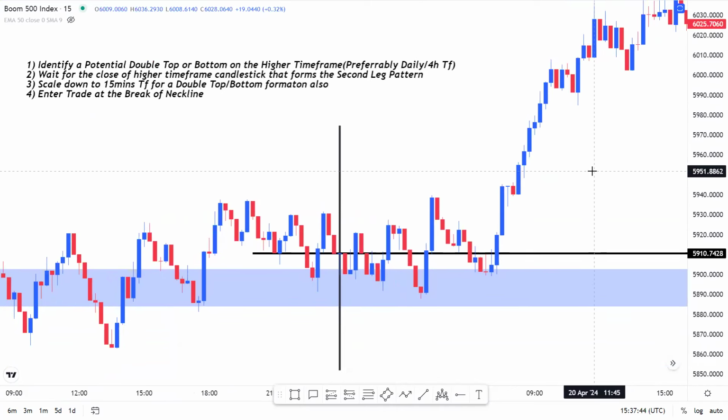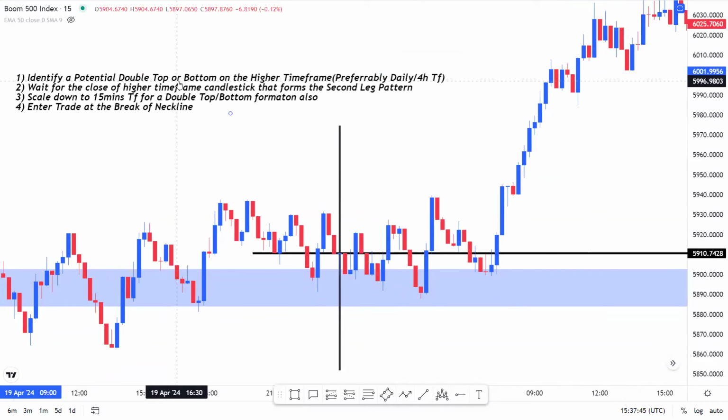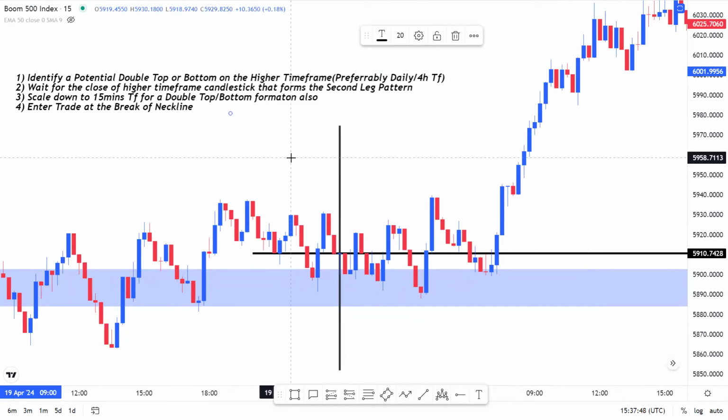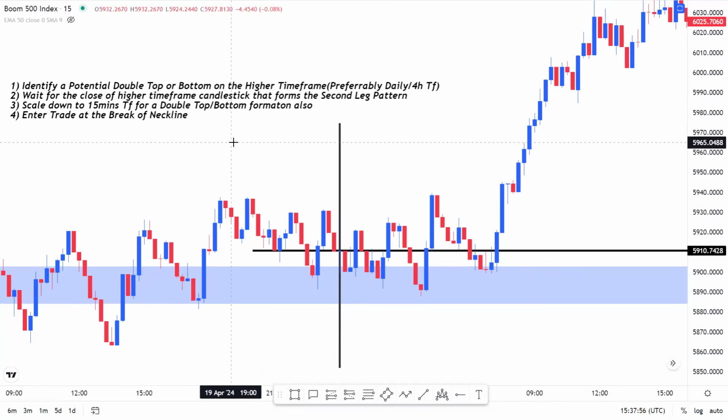So we had identified a 4-hourly time frame double bottom pattern, which is a buy reversal pattern. Coming down to the 15 minutes time frame, we also want to identify another double bottom pattern, yet another buy reversal chart pattern on the 15 minutes time frame, confirming the higher time frame bias, which is a buy reversal.